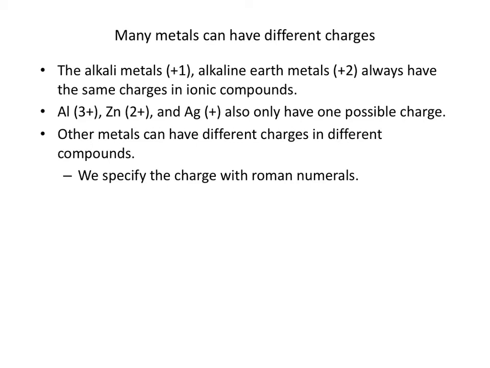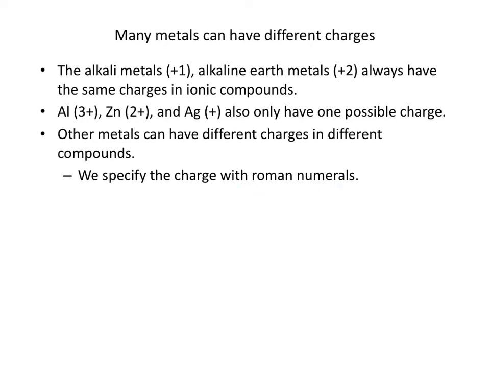And so the problem with pretty much all other metals is that they have multiple possible charges. And so if you just told me that we have an iron ion, for example, I don't know what the charge is. And so we have to specify it when we give the names of these. And so we do that with Roman numerals.